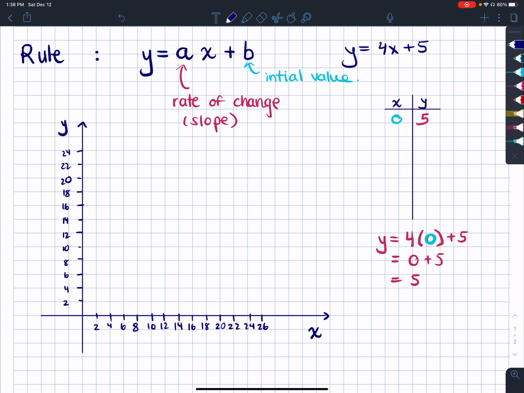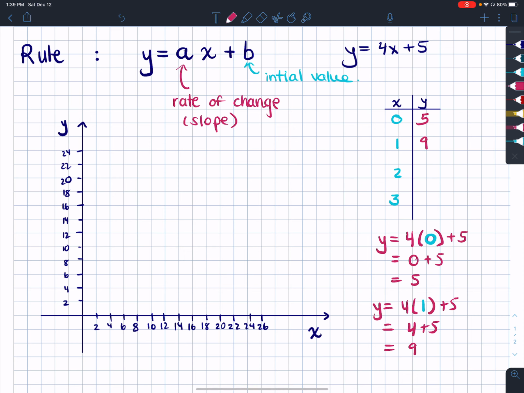Okay, and then you can do that same thing with a whole bunch of numbers. So you can pick x is 1, then you can pick x is 2, you can pick x is 3, and you get all those values and you can fill out your points. So we'll do 2 of them. So here we'll have y equals 4 times 1 plus 5. 4 times 1 is 4, plus 5, we get 9.